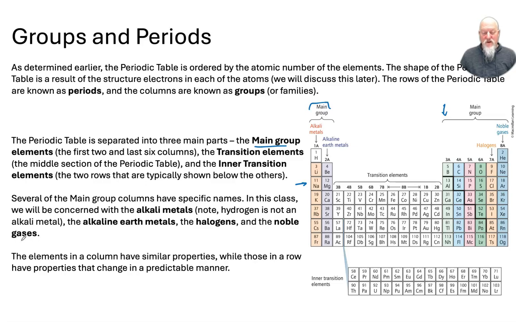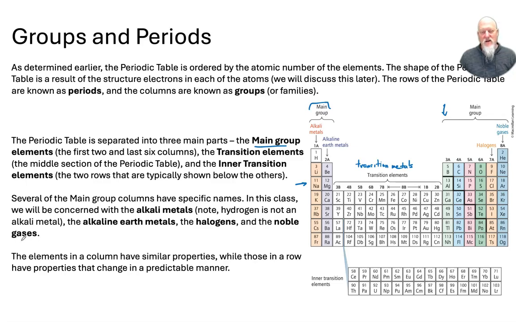The ones between the main group here are called transition elements, sometimes called transition metals, because they're all metals. And the piece in the bottom, they're called the inner transition elements or the inner transition metals. Okay, that's one way we break down the periodic table: main group, transition, and inner transition.